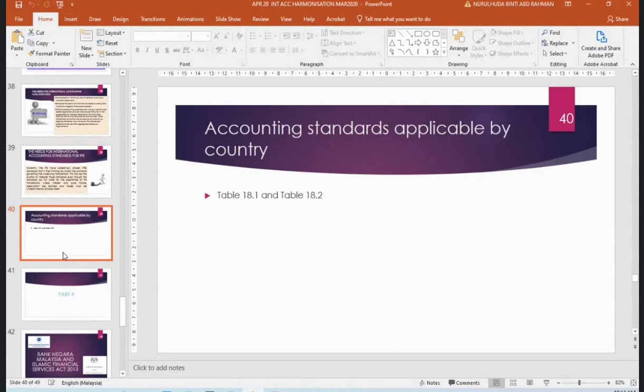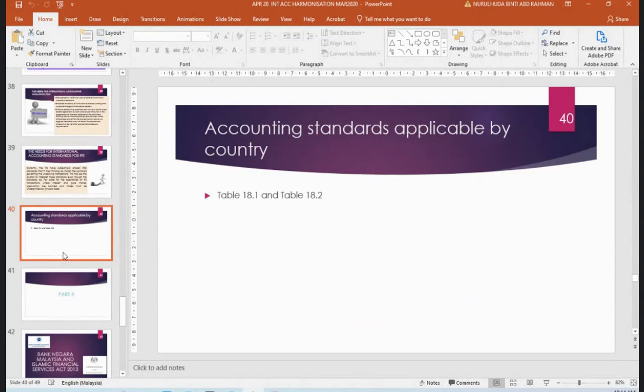Okay, 18.1, country that apply AAOIFI include Bahrain, Bangladesh, Egypt, Indonesia, Jordan, Lebanon, Mauritius, Oman, Pakistan, Qatar, Sudan, Yemen.